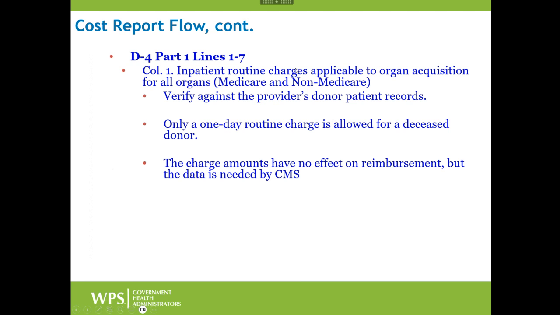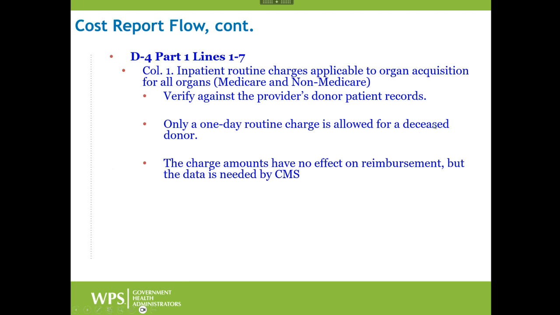Lines 1 through 7, those charges, we're going to report the charges separately as well. Column 1, again, is charge information. There's no impact on reimbursement, but CMS wants that data to be reported. Routine services are not reimbursed based on charges. That's the key thing.